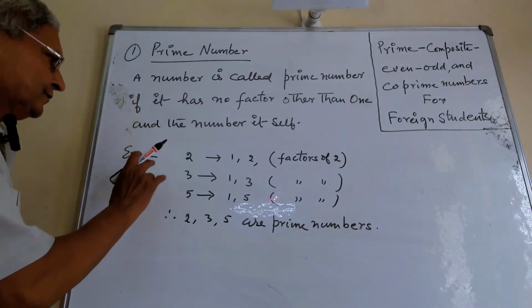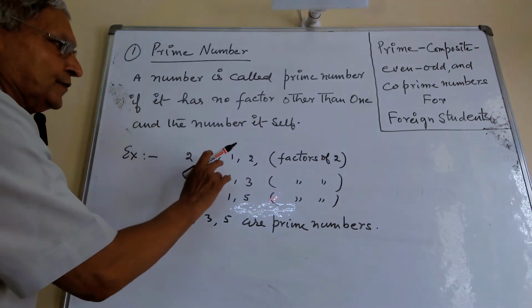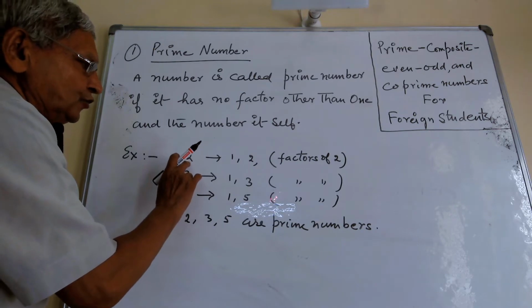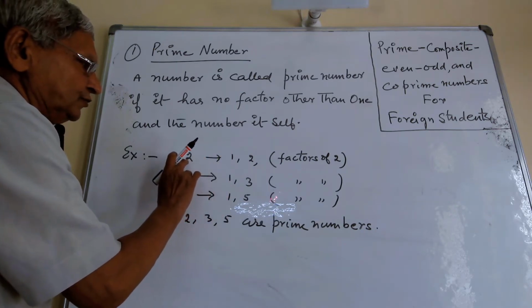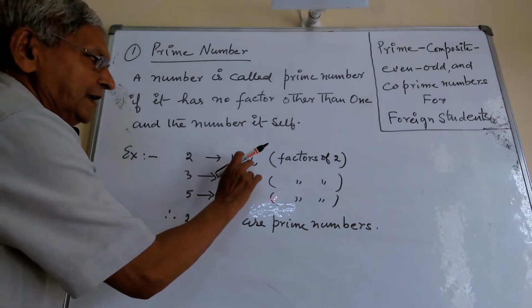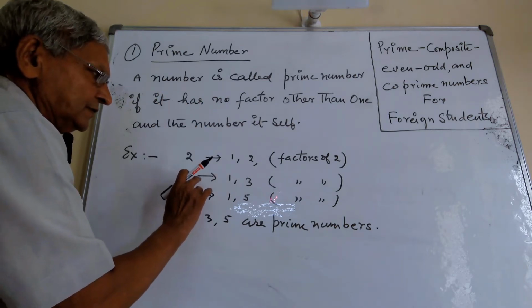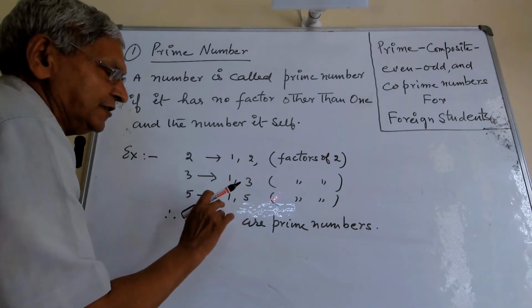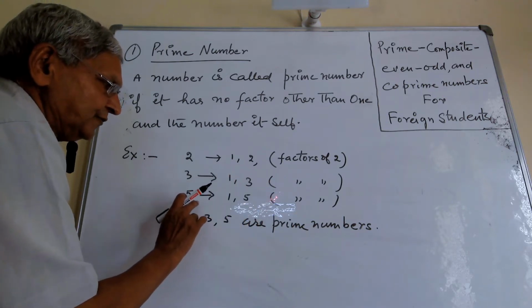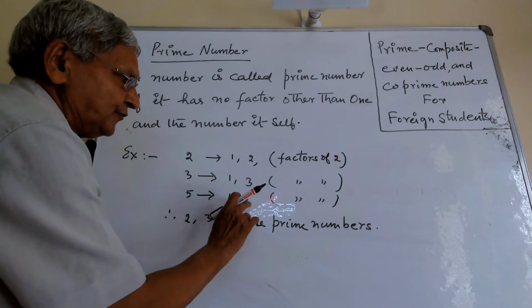Here you see example 2. There are two factors of 2, 1 and 2. 3 has only two factors, 1 and 3, no other factor. 5 has only two factors, 1 and 5.